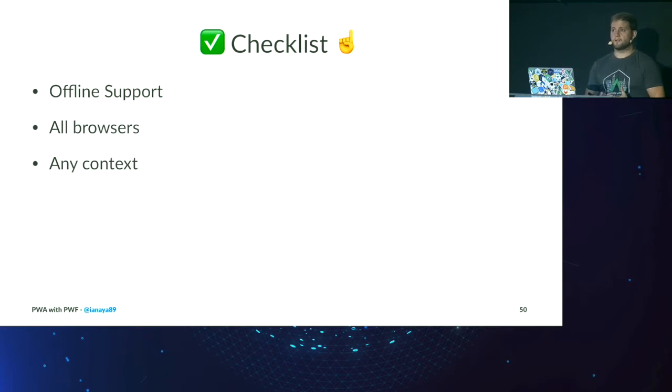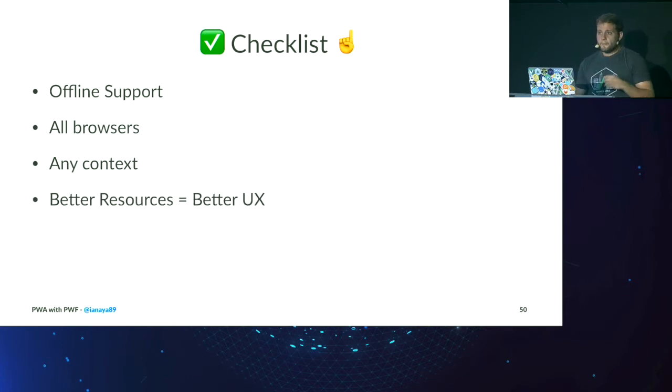So any kind of context we need to keep in mind, and we need to make our application work in those contexts. If we have better resources, we can provide better UX. That's OK, but better UX doesn't mean that with lower resources or normal hardware, I will provide a bad user experience. And well, I said it before, but HTTPS is really important.